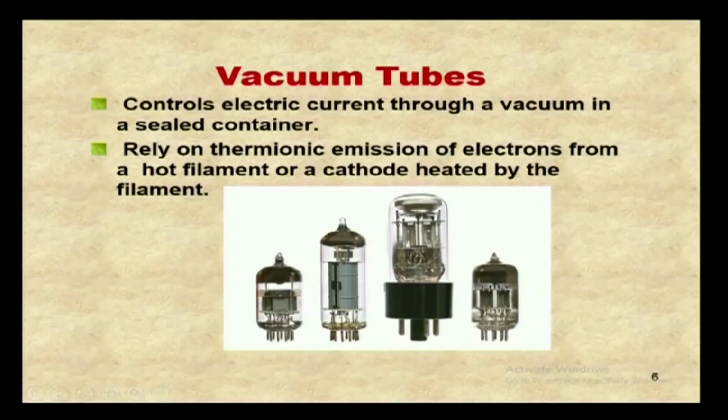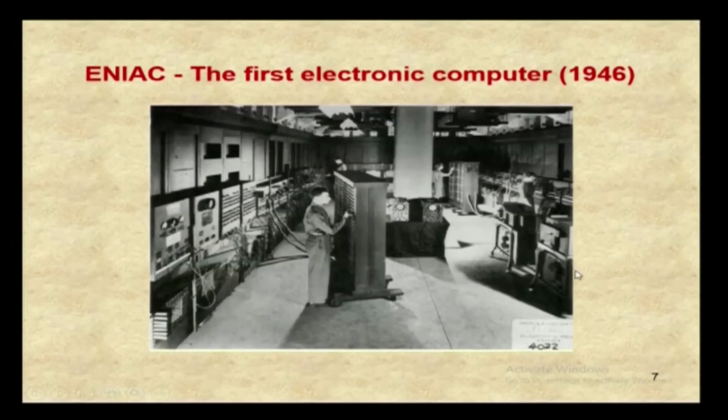Using these vacuum tubes, computers were then built, and in 1946 the first electronic computer was built at the University of Illinois. You can see here it is so huge and it consumed kilowatts of power.